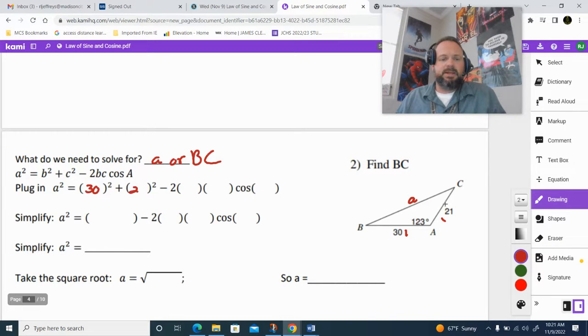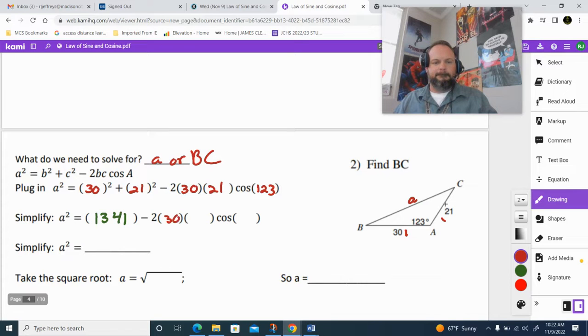Plug it in, plug it in. Okay. So 30 squared plus 21 squared. All right. So this gives me 1,341. And then all this is copy, copy. Okay.